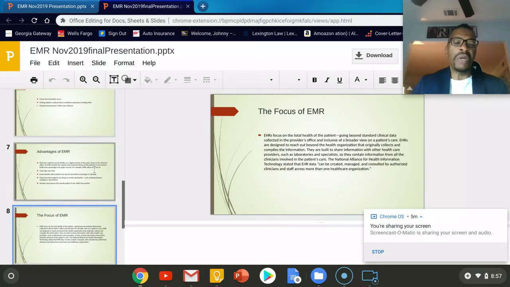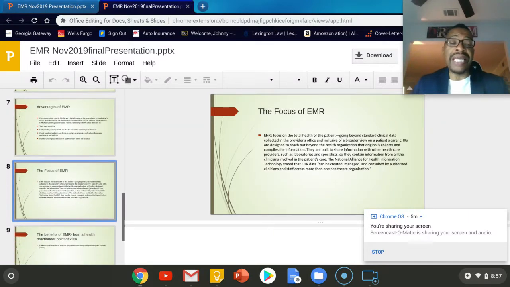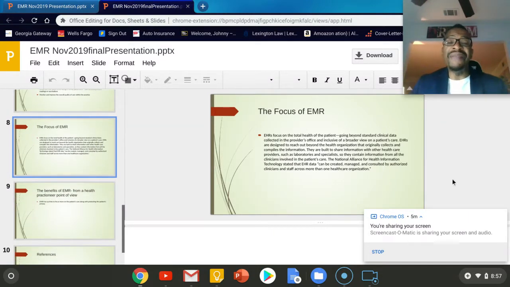I'm going to move on to slide number 8, and it talks a little bit about the focus of the electronic medical record system. It clearly states that the system focuses on the total health of the patient. It's going beyond the standard clinical data collected in the provider's office. It has a broader view of patient care.